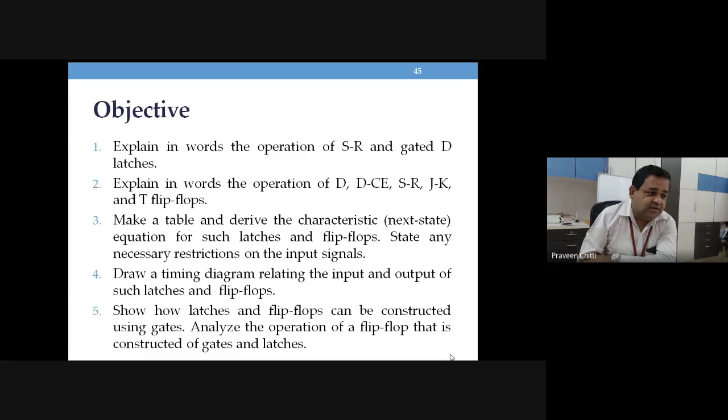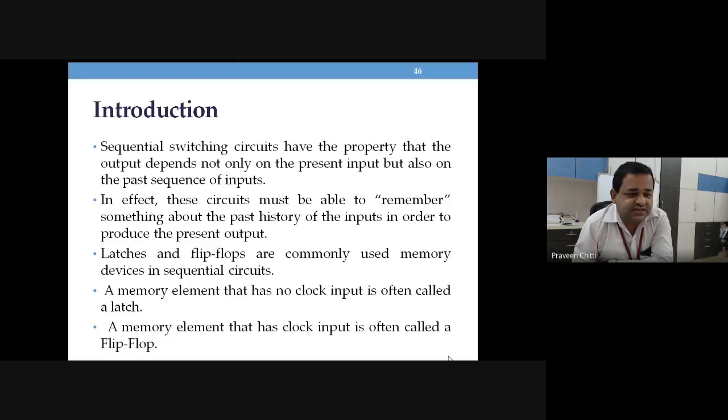As I already told, sequential circuits have the property that output depends not only on the present input but also on the past sequence of inputs as well as the output. That means a sequential circuit has to remember the past history of the inputs in order to produce the present output. And latches and flip-flops are the commonly used memory devices in sequential circuits.